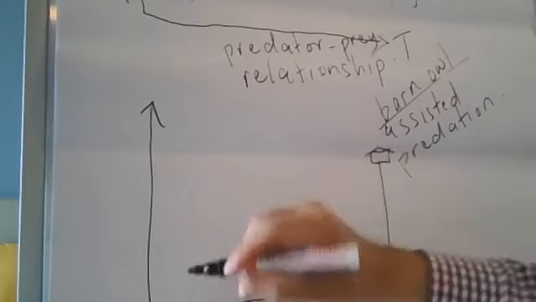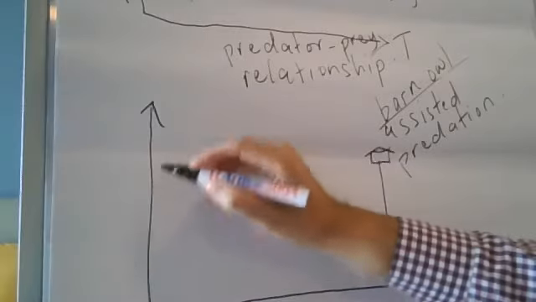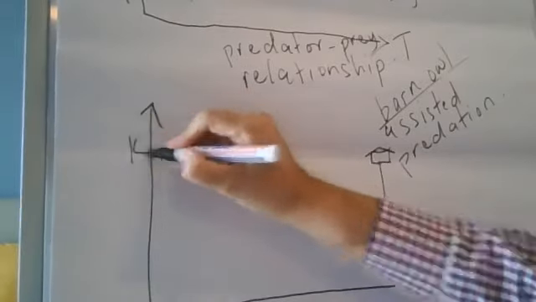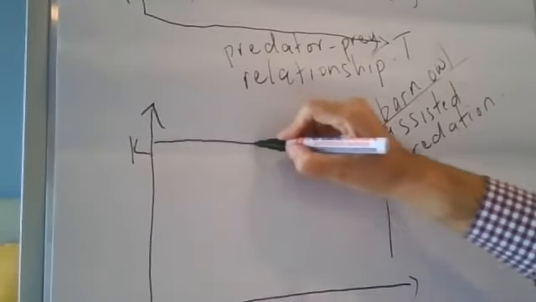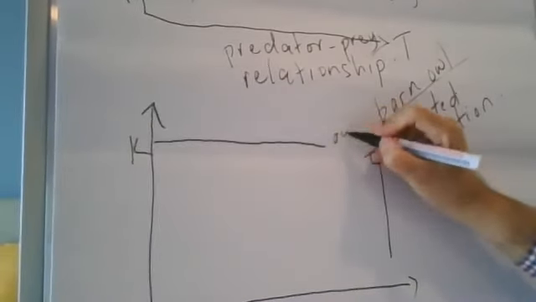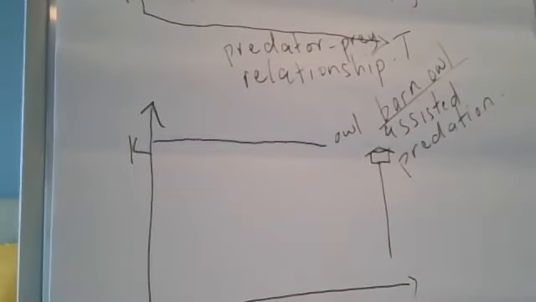Yeah. So you increase the K of the owl. This is the owl. Very high. Because when we put up 100 boxes, for instance, the occupancy is close to 80%. 80 boxes are occupied with the owl.